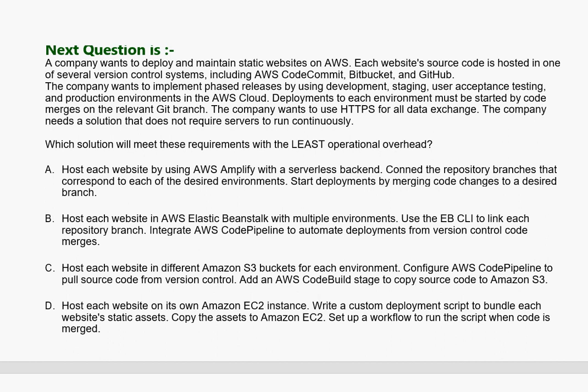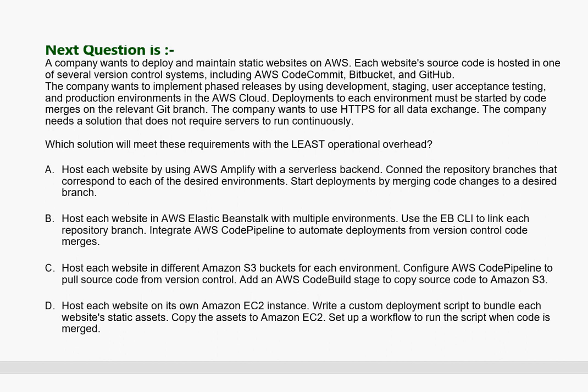Option A. Host each website by using AWS Amplify with a serverless backend. Clone the repository branches that correspond to each of the desired environments. Start deployments by merging code changes to a desired branch.